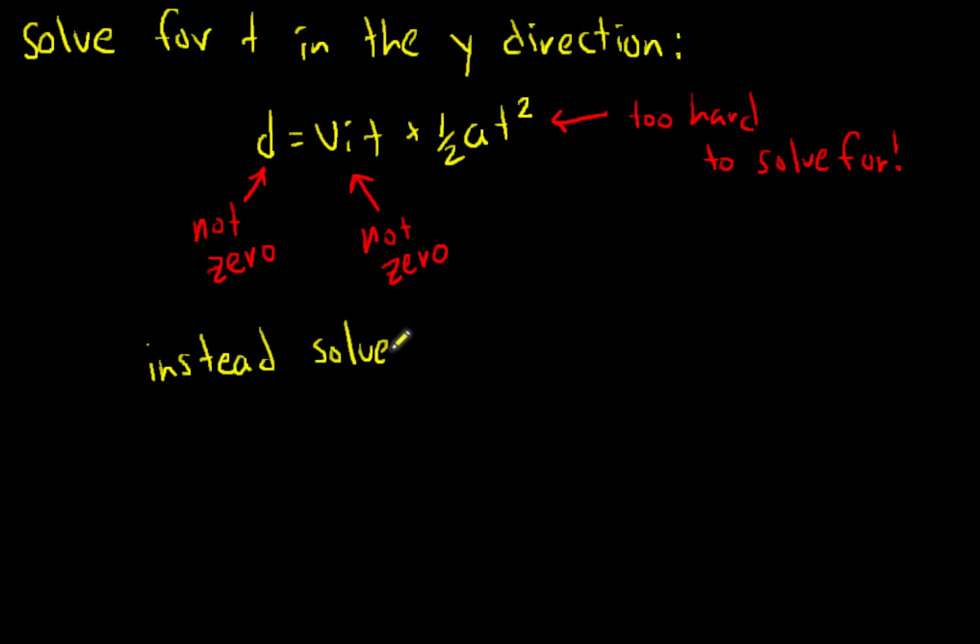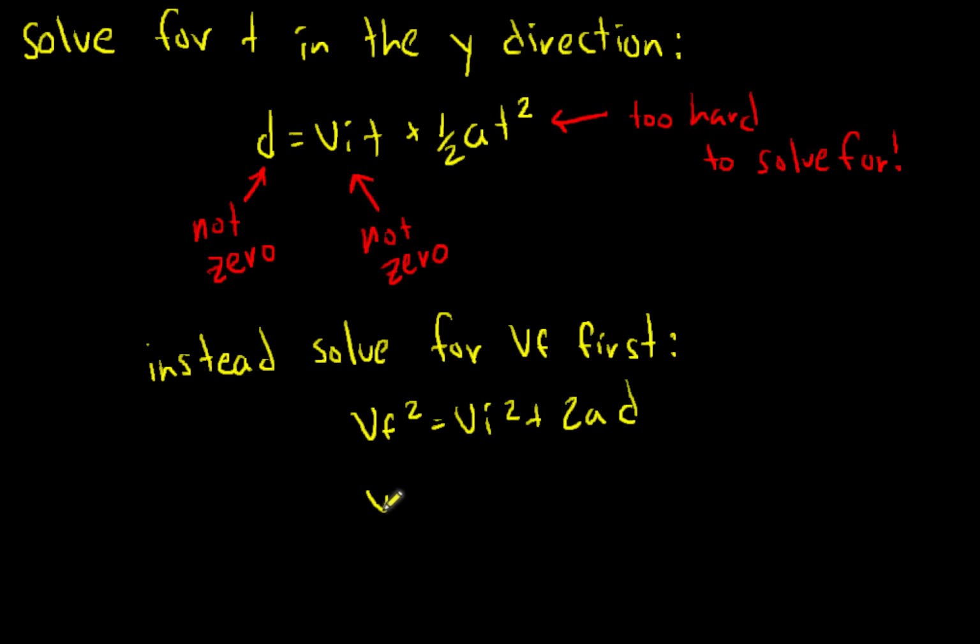Instead, we're going to solve for Vf, which wasn't one of the things we're looking for, but we can use Vf to find t. The formula we'll use for this is Vf squared equals Vi squared plus 2ad. So Vf equals square root Vi squared plus 2ad. We'll put a negative on this because it's down.